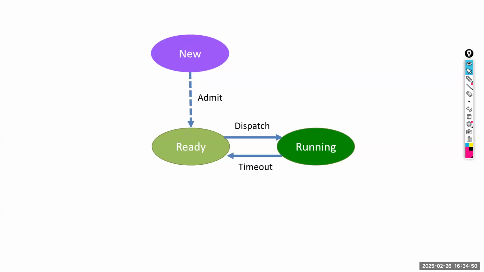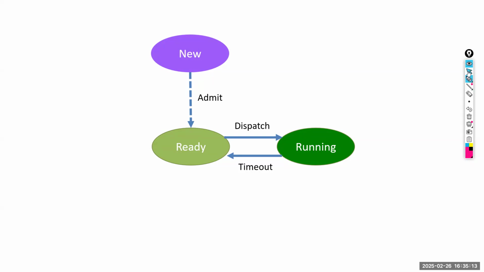When the time slot is over, on timeout, the process is back in the ready state. There can be multiple processes in the ready state. But if you have only one processor, one core, only one process is in the running state. If you have multiple processors or cores, multiple processes can be in the running state as well.